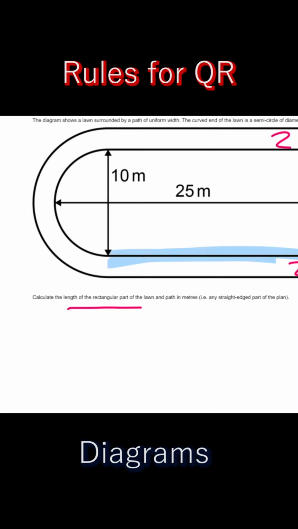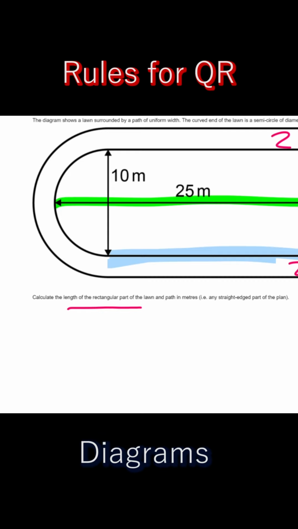So we know that this whole thing here is going to be this plus the semicircle.